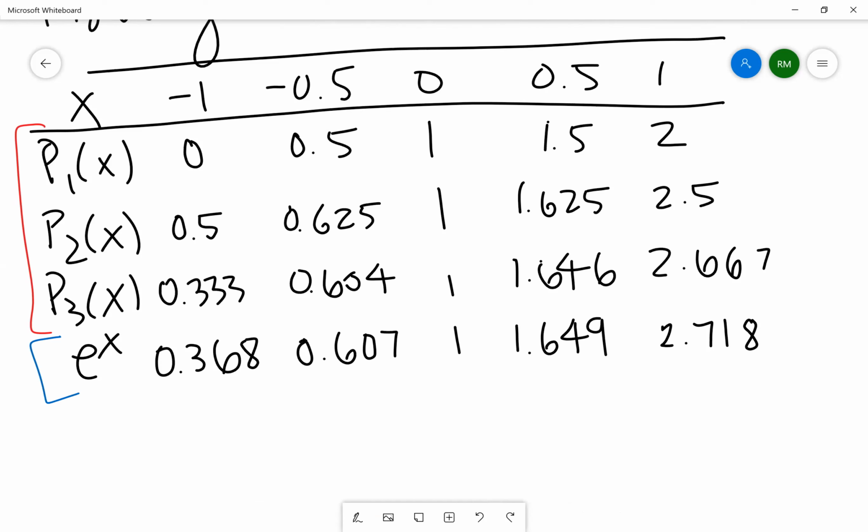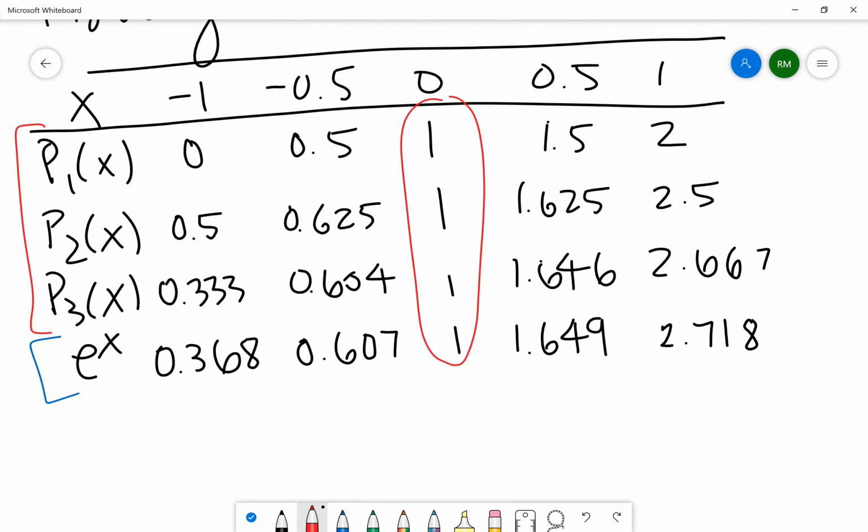Well, what you probably notice is that all of the polynomials and the function are equal at 0, exactly as we said they would be. They're all equal there. But we're not equal when we plug in other values of x. But what do we see?